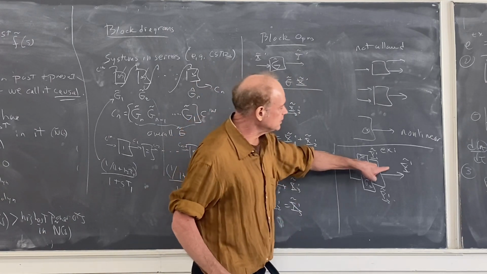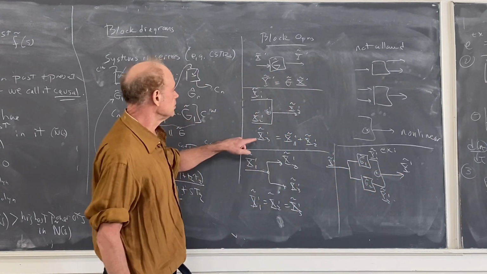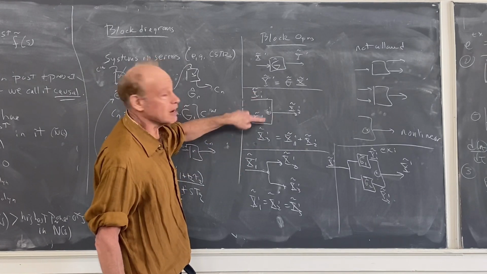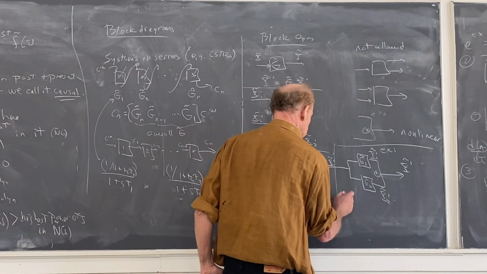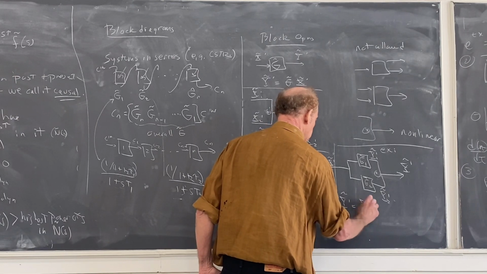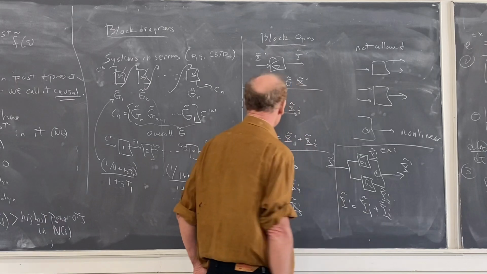And we can notice, because this is a plus, that Y prime tilde is equal to the sum of these two. It's just the sum. So I have Y prime tilde equal to Y1 prime tilde plus Y2 prime tilde. And that's fine.